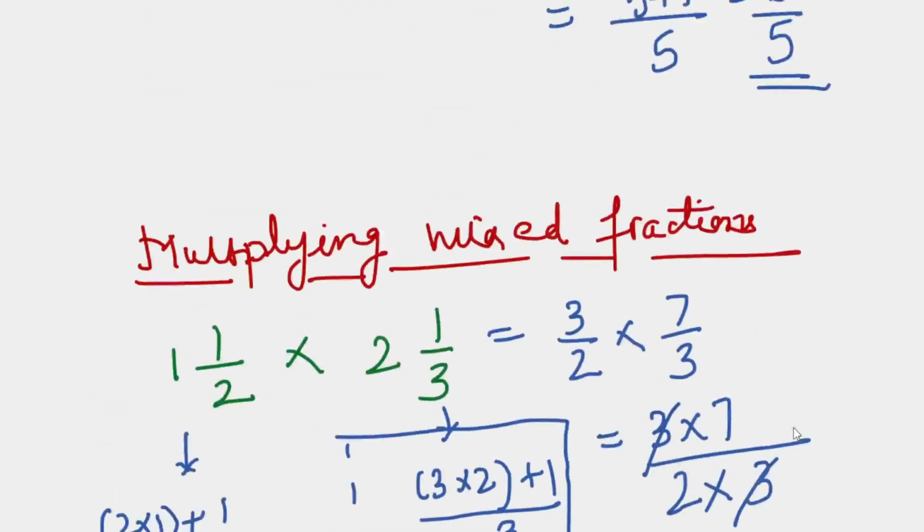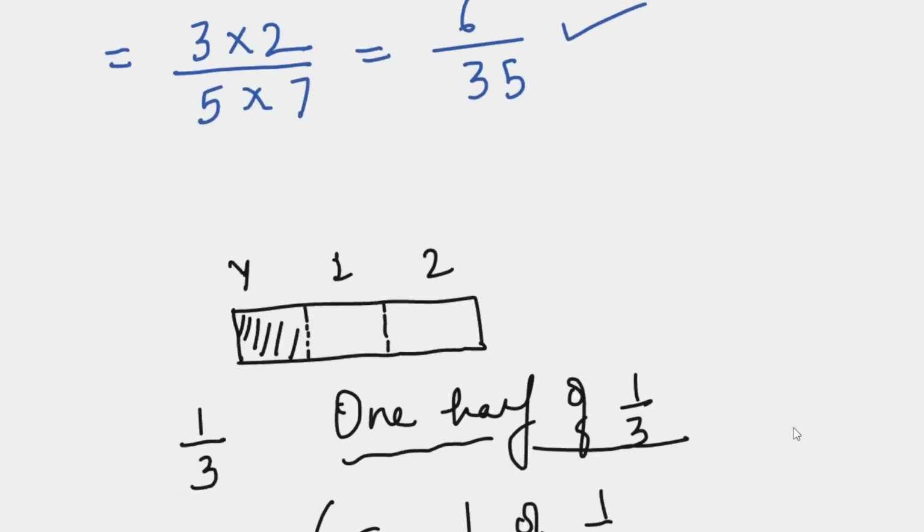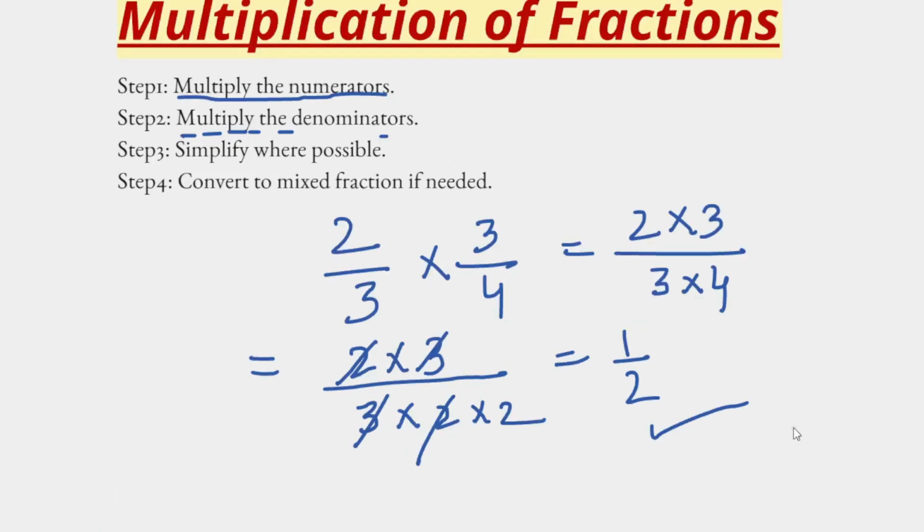What have we done till now in today's session? We learned how to multiply fractions to each other, how to multiply one fraction to the other. What are the steps that we follow? We multiply the numerators to each other, we multiply the denominators to each other, we simplify if common factors are there in numerator and denominator, and we convert into a mixed fraction if needed.